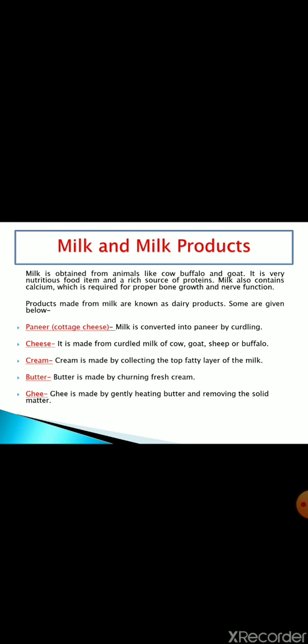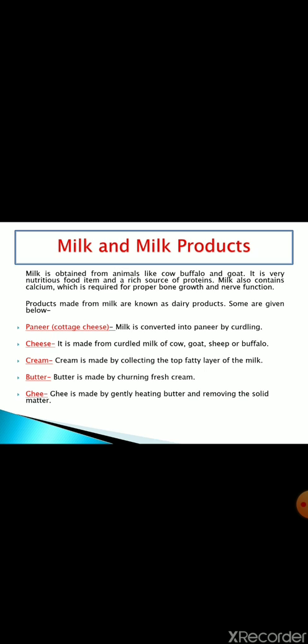Now the products which we obtain from the milk, how are we obtaining them? Like paneer: when we do curdling, milk is converted into paneer. How is it converted? When you add a little amount of vinegar or lemon juice in the hot milk and heat it for some time, what will happen?